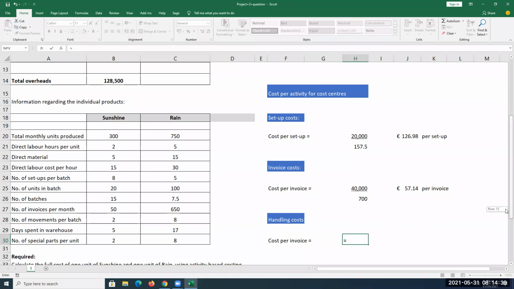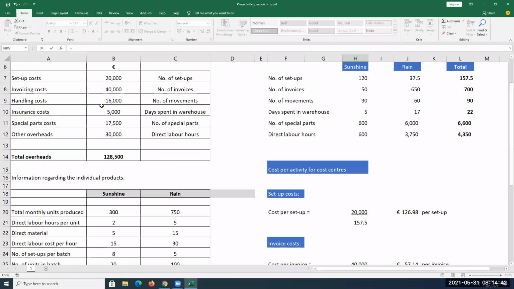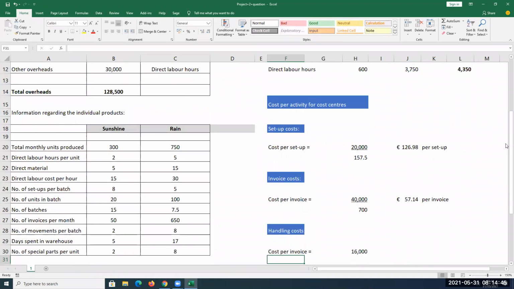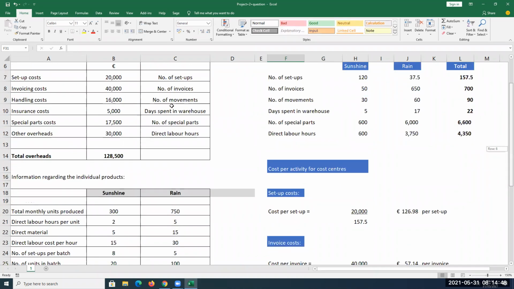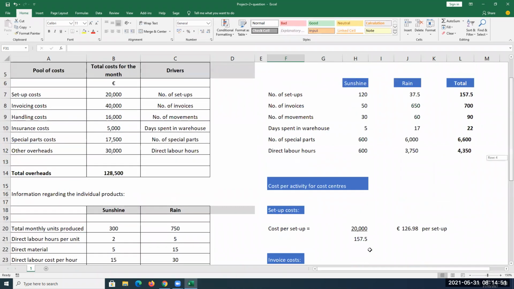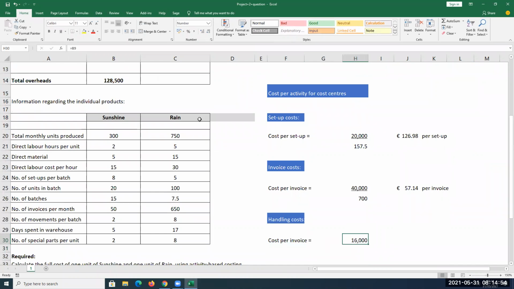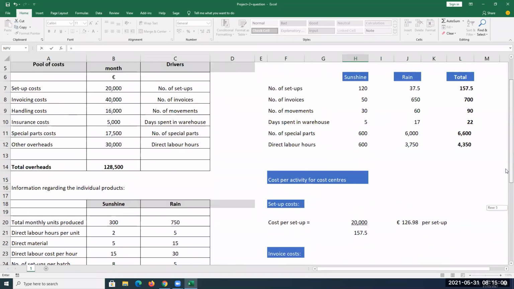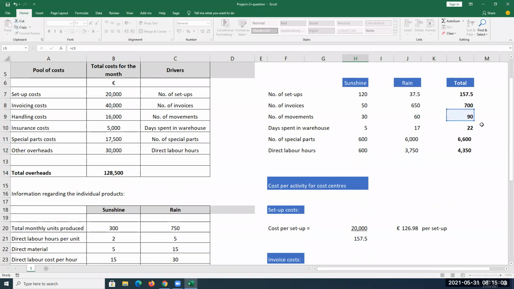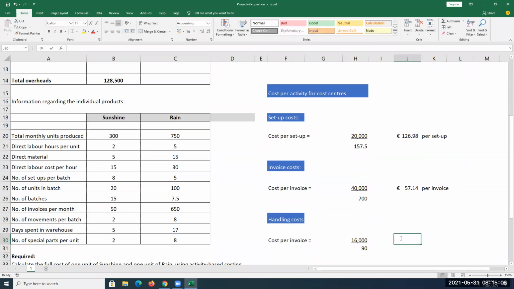The total fixed cost relating to handling is 16,000, and the cost driver for the 16,000 is number of movements. Number of movements I calculated is 90. So 16,000 divided by 90 is 177.78 per invoice. So this is my handling cost for one invoice.